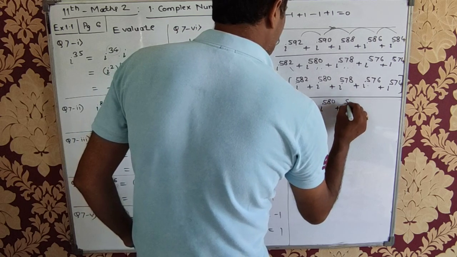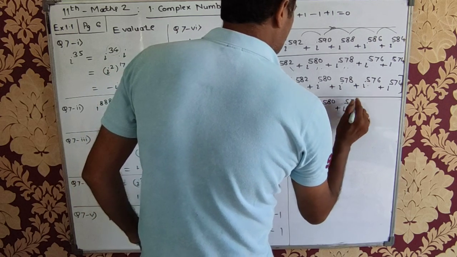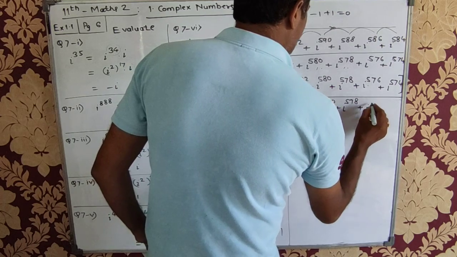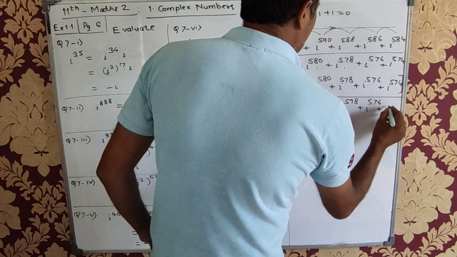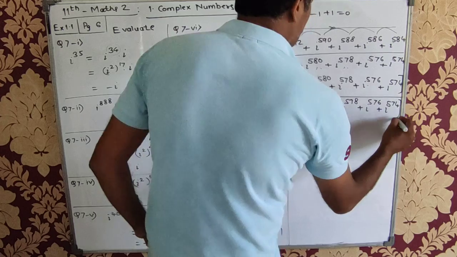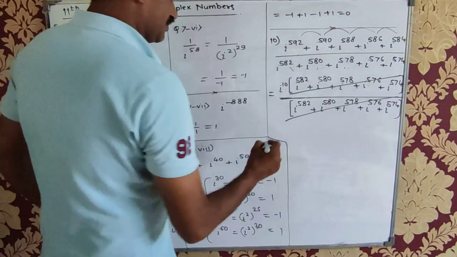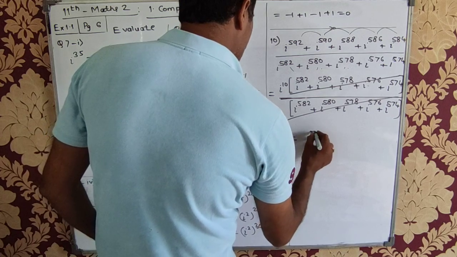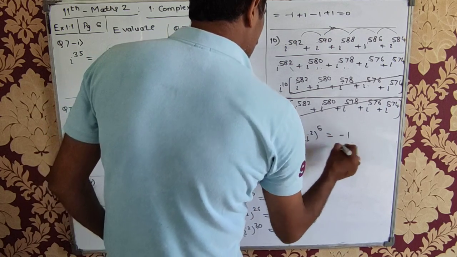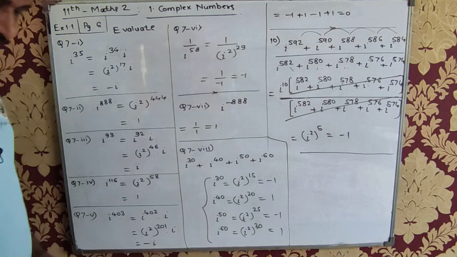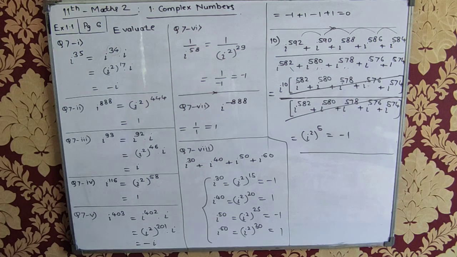Yes, i raised to 578 plus i raised to 576 plus i raised to 574, and this total bracket gets cancelled, you see. So this is i raised to 10, which is i square bracket raised to 5, that is equal to minus 1. Is this okay? Yes, any doubts about that? No. So the next question we go for, but before that please take the screenshot.